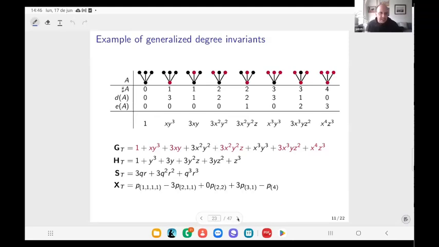So for instance, if I take A, so A is going to be the red or purple vertices. So I can take first A equal to the empty set. So if A is equal to the empty set, I get only 0, so I get a 1 as a term.